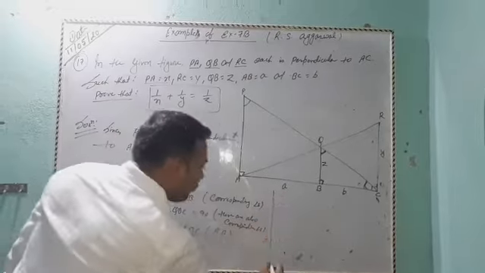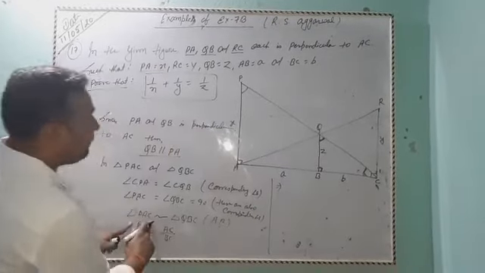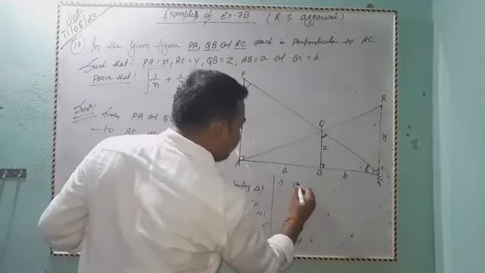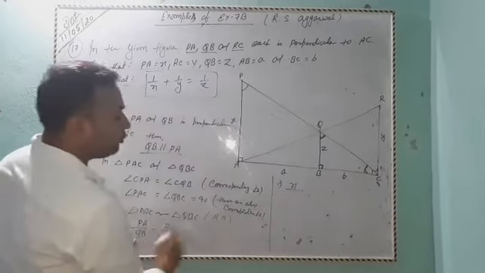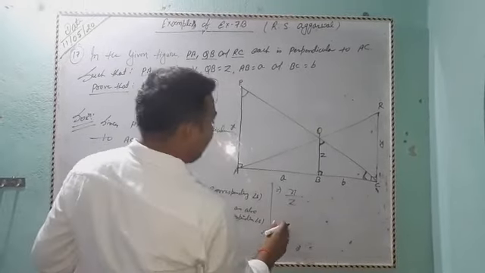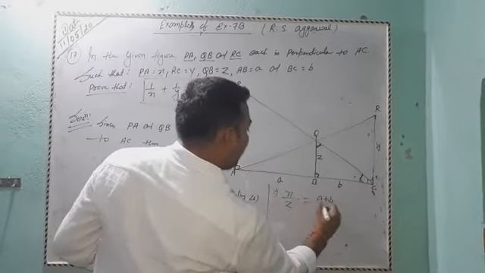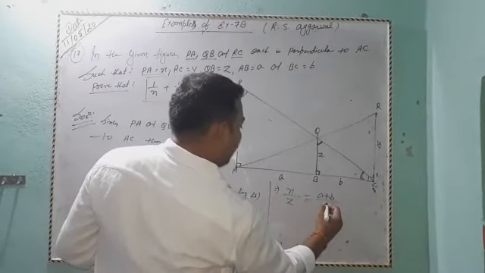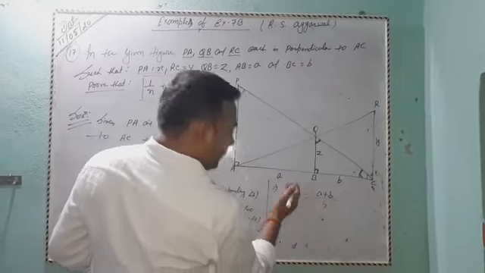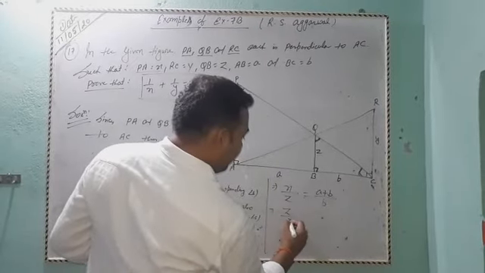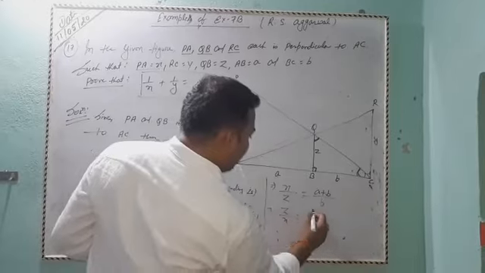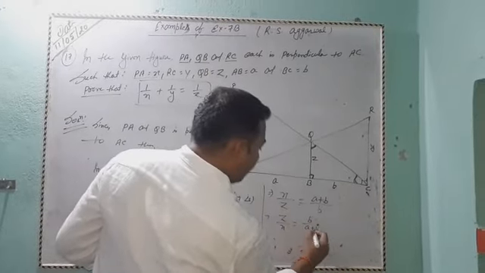So PA equal to x divided by QB equal to z, equal to AC equal to a plus b divided by BC equal to b. So we can write z by x equal to b by a plus b.